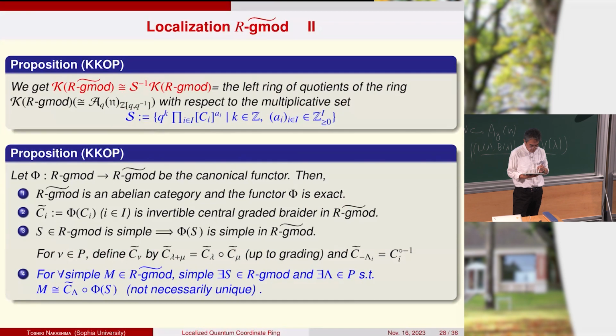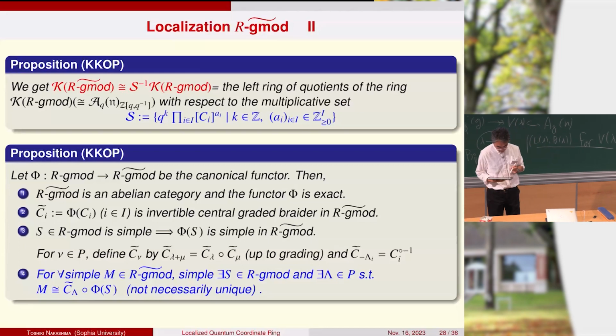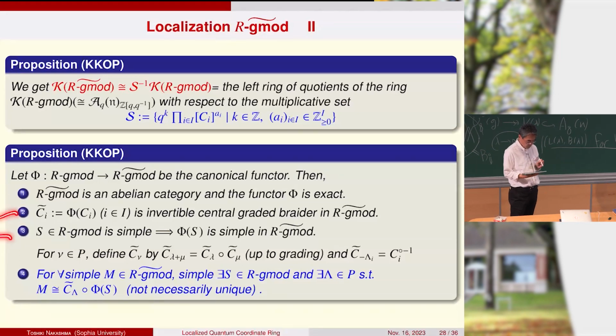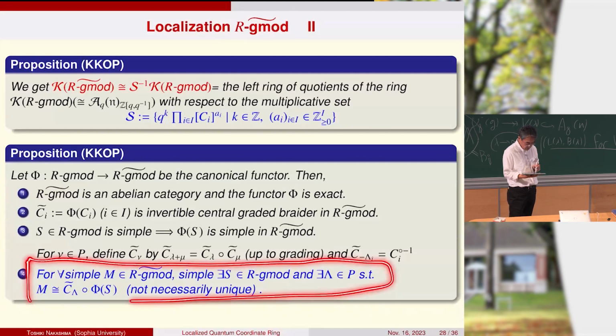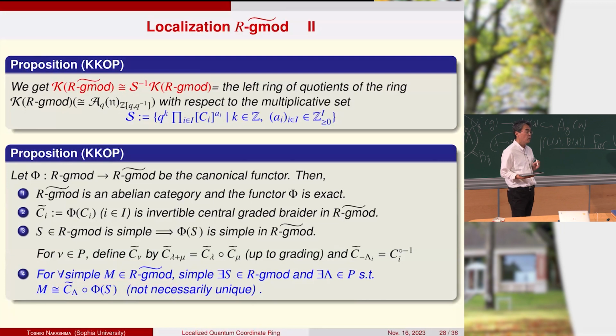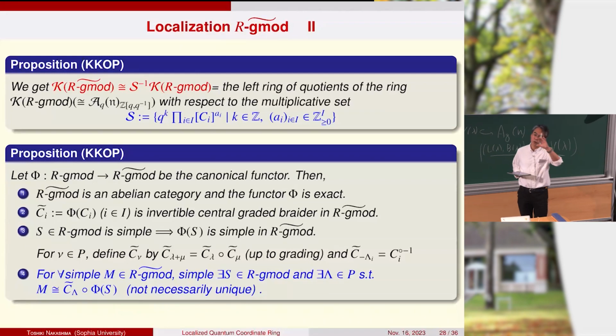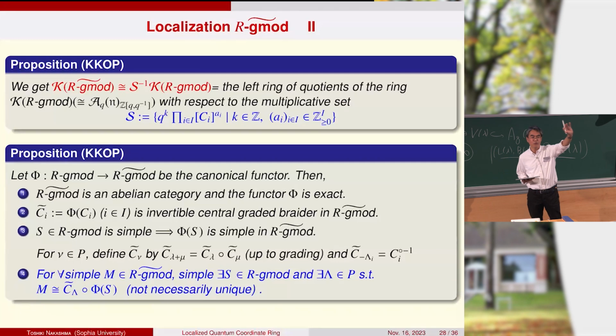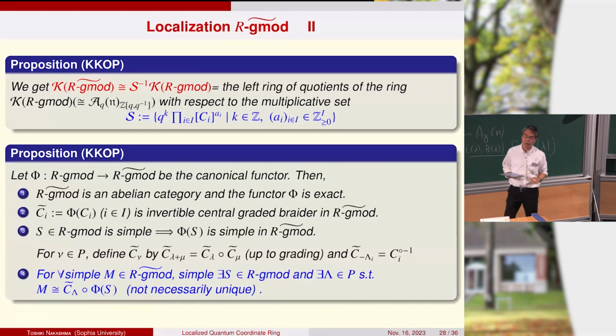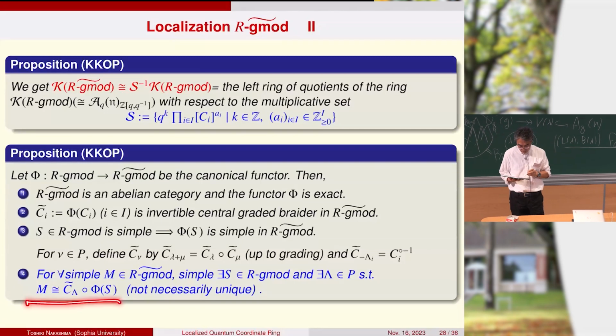And also, this category is abelian. The last property is important for us, because for any simple object in this localization category, there exist a simple module S and weight lambda such that it is always isomorphic to this form. But this expression is not unique. It's like fractions: 1 over 2 equals 2 over 4 or 3 over 6. So the expression is not unique, but such expressions always exist.